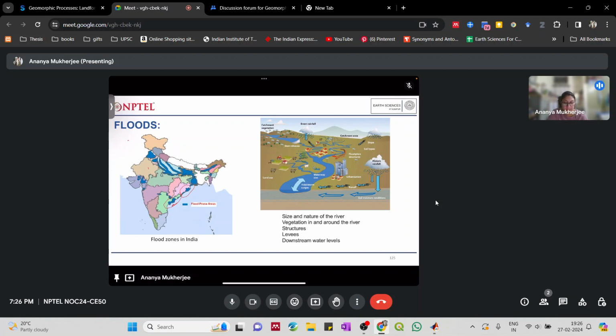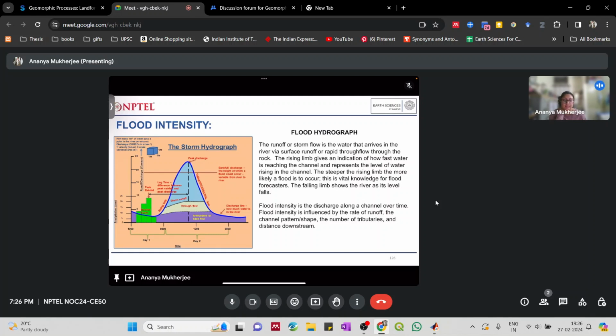So the factors that the floods depend on would be the size and nature of the river, vegetation in and around the river, the structures that are either built or naturally developed along the river channels. Okay, so levees, natural or artificial, and also the downstream water levels. So the flood intensity can be tracked by a plot called the storm hydrograph.